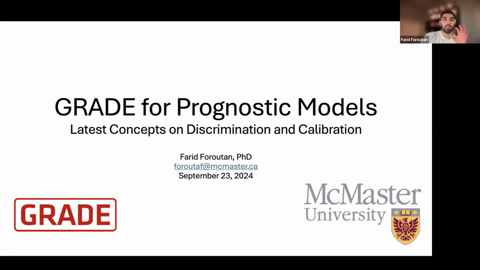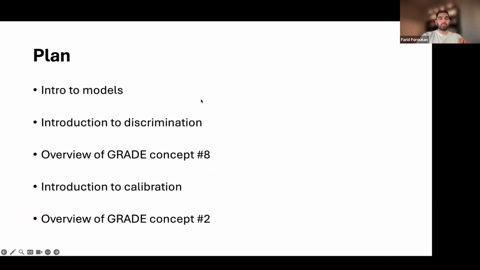But the foundation of them is to be able to understand these prognostic models, the evidence that's accumulated with regards to their performance in different types of cohorts that have evaluated these models. So the plan of action, hopefully for today, if time allows, is to give you an introduction to these prognostic models, which is the most complex form of prognostic questions that one can focus on, introduce you to some of the metrics around how we evaluate model performance, like the discrimination of the models, and some of the new GRADE ways of thinking around what we do with these measures of discrimination, how we draw conclusions from them to set up what our target of certainty rating becomes.